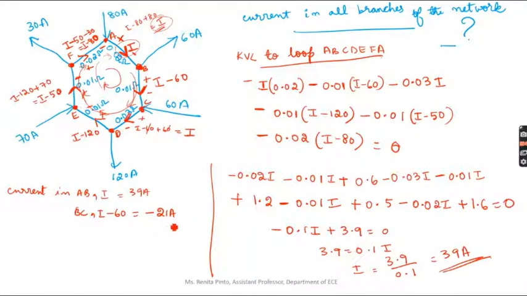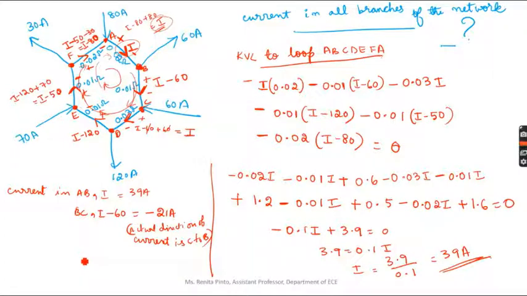You can write here that in BC, you have taken the direction of the current as B to C, but the actual direction of current is from C to B.